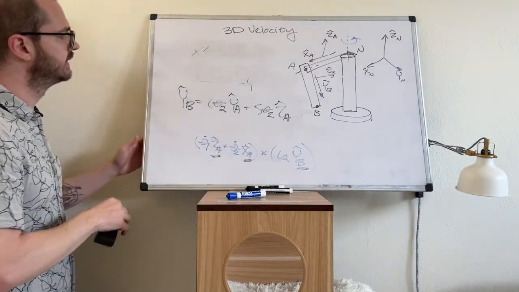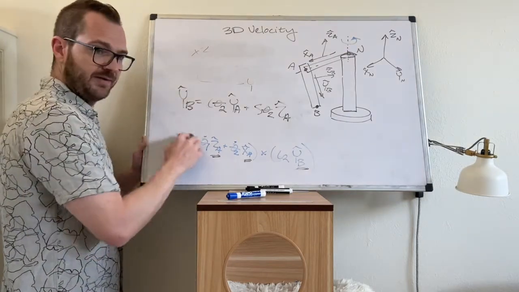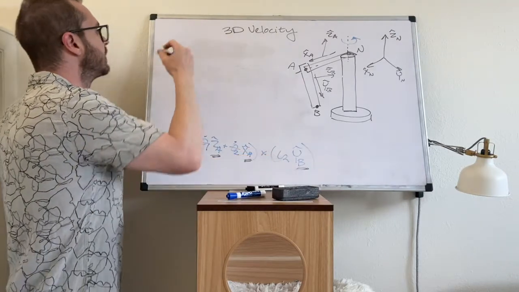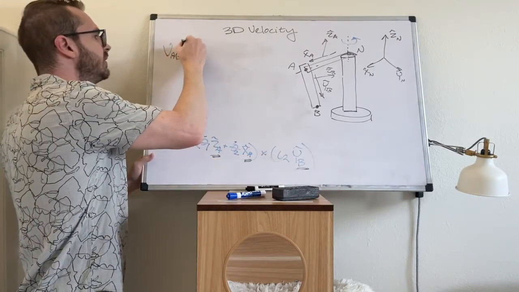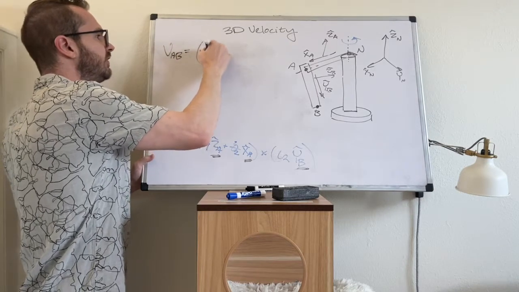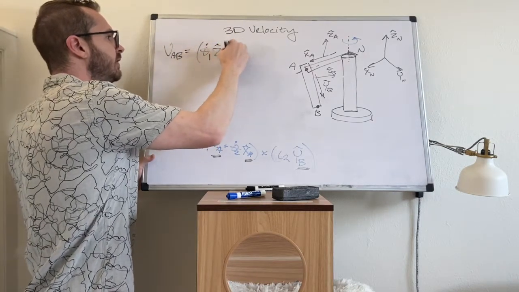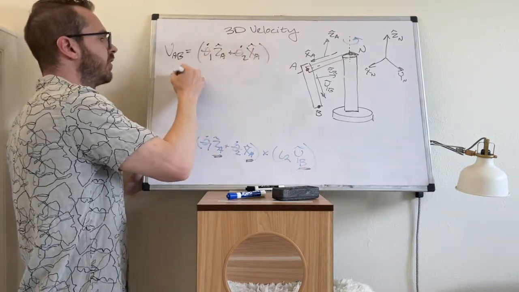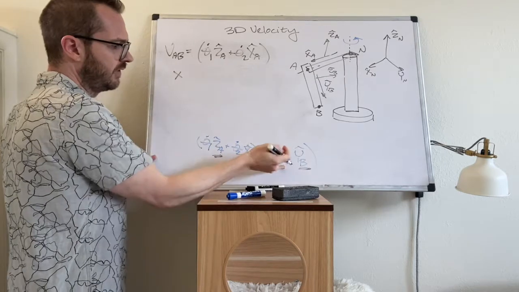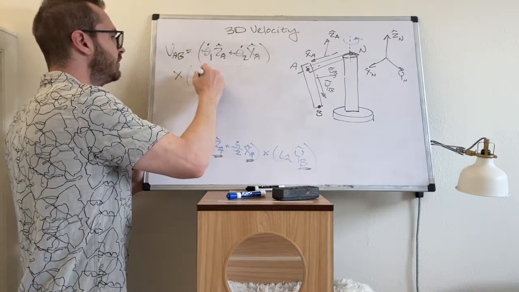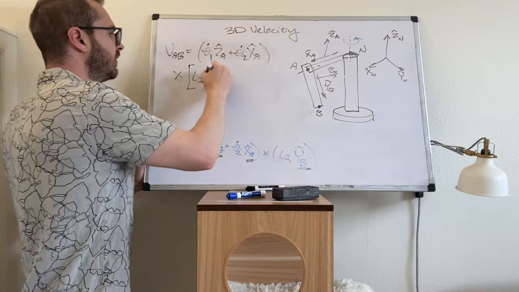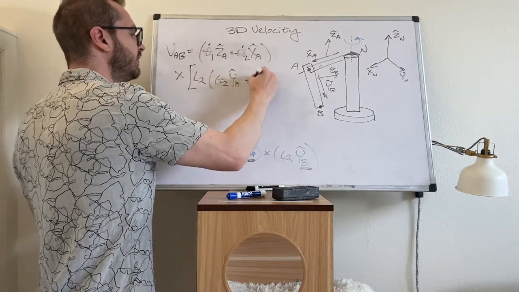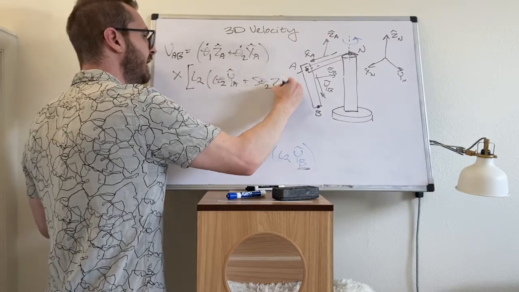So let's rewrite this cross product using that. We had VA to B equal to theta 1 dot ZA plus theta 2 dot XA, crossed with the length L2 times cosine theta 2 YA plus sine theta 2 ZA.